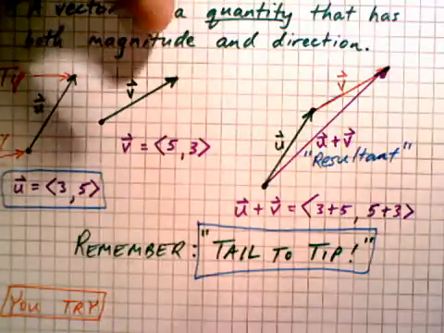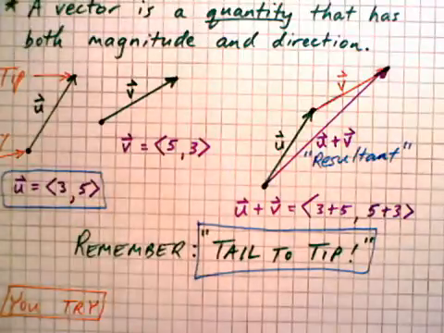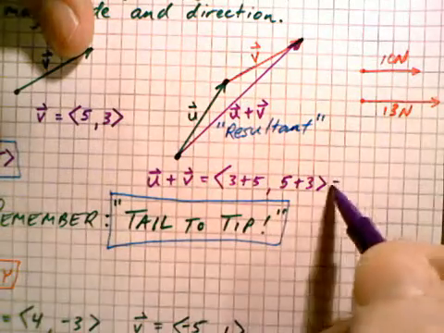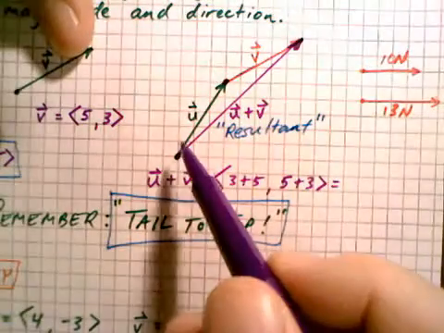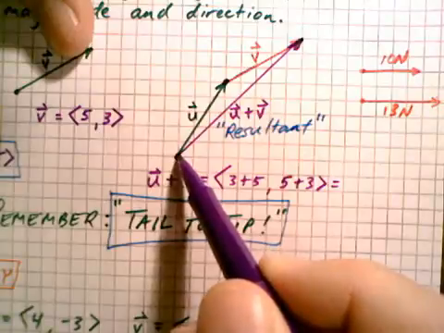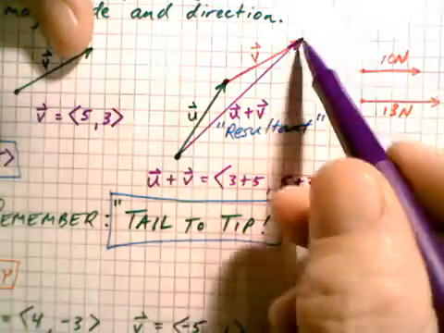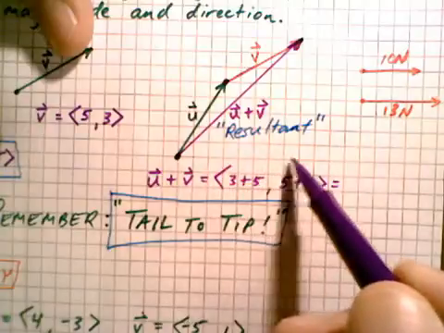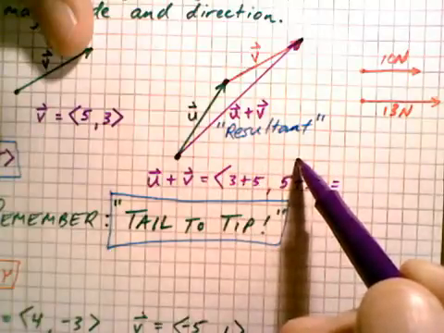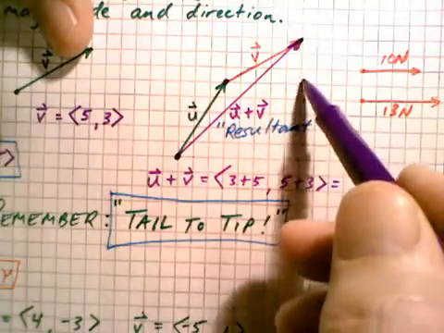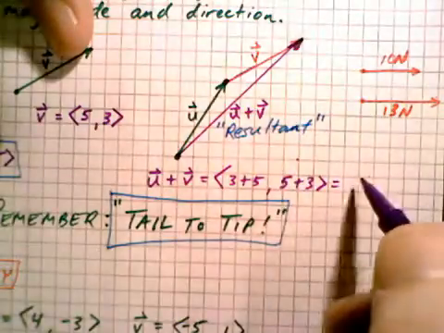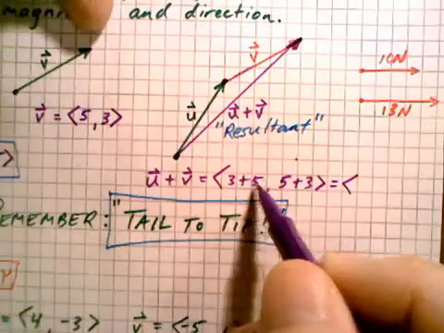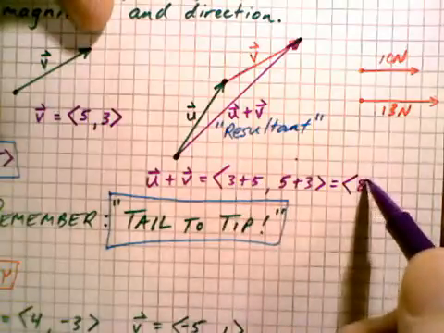And one thing I didn't show you is that if you do add two vectors together, you don't even need to draw them. If you were to count from the tail of vector u to the tip of vector v, let's do that. 1, 2, 3, 4, 5, 6, 7, 8. So 8 to the right, and 1, 2, 3, 4, 5, 6, 7, 8 up, then it's the same thing that you would get as if you just added the respective components of each vector.